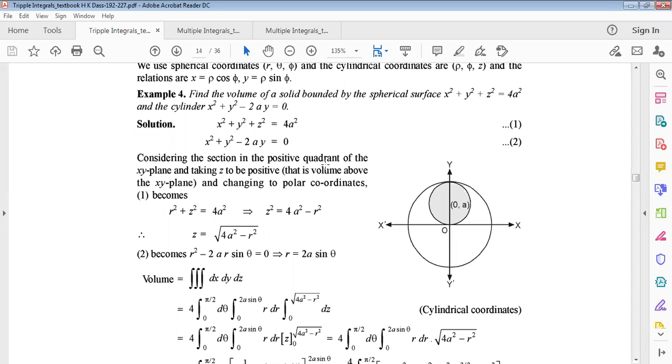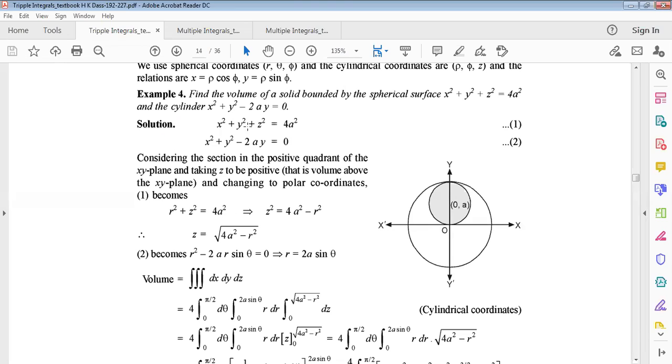Consider the section in the positive quadrant of the xy plane, taking z to be 0. In the xy plane, you must know z equals 0. Changing to polar coordinates, it becomes r square plus z square equal to 4a square.